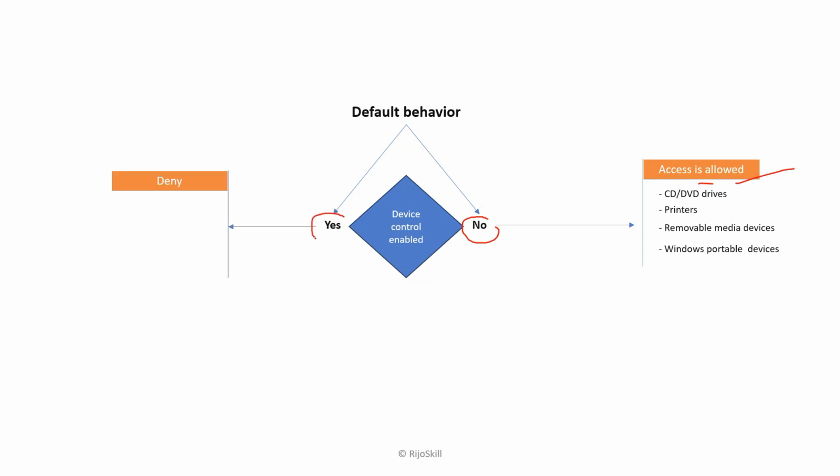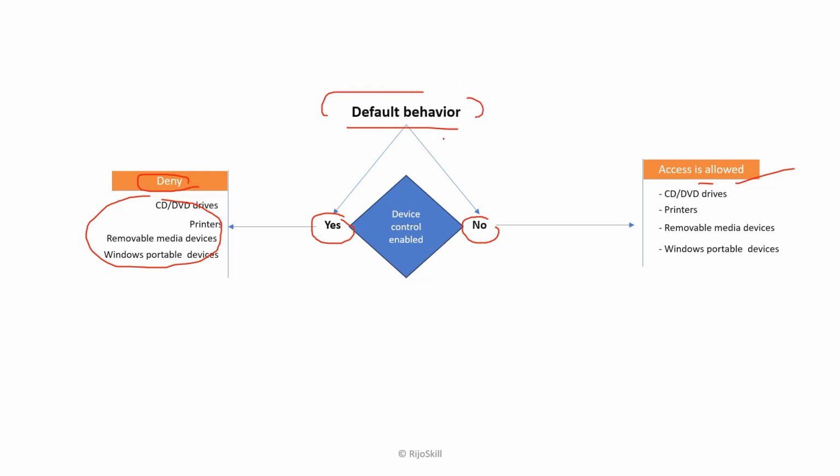When you set the default behavior to yes, it will deny all accesses. The same access will be denied. So now you understand default behavior. Set to no, this access will be allowed. When the policy is configured for yes, all will be denied.